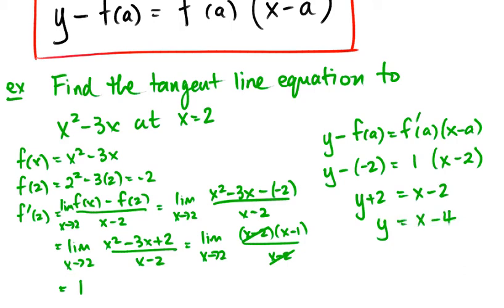We can check this graphically. Simply take your graphing calculator, plug in y1, which is our graph, plug in y2, which is our tangent line equation, and see if the tangent line equation works for the value of x equals 2 for our y1 equation. Go ahead and do that yourself.